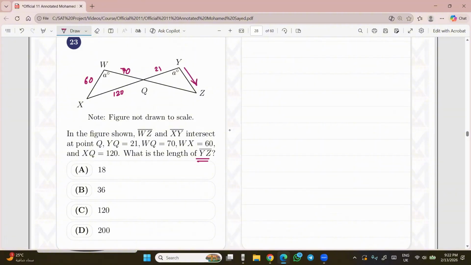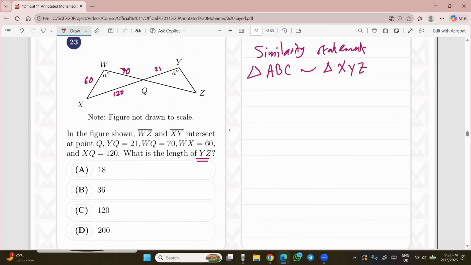YZ is this one. So guys, this is a very important skill you need to master. The question did not give you the similarity statement. A similarity statement is when I say triangle ABC is similar to triangle, for example, XYZ.